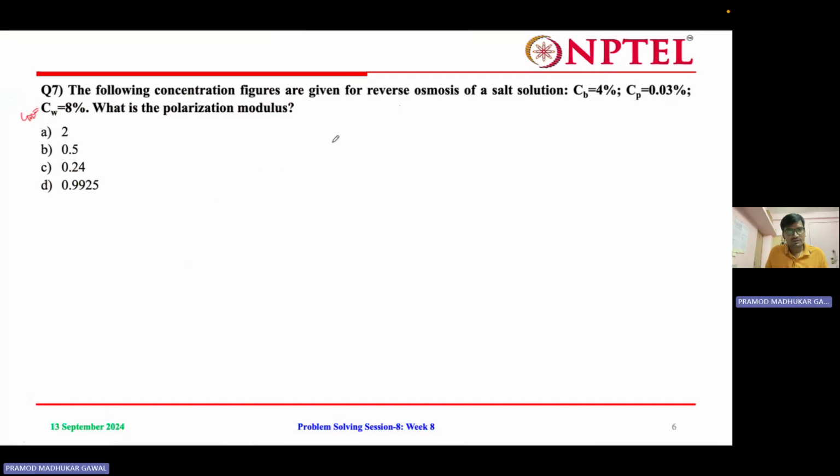To calculate the polarization modulus, here is the formula: M equals Cm divided by Cb, which is 8 by 4. This is 2. The option is correct.